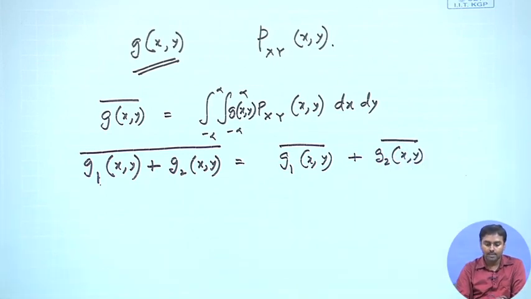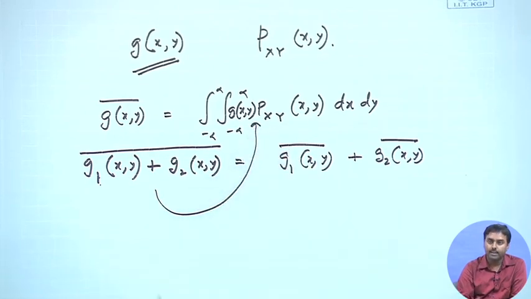This is true because once you substitute the sum, the two integrations separate out and give this same result. So for the sum of functional mappings, I can calculate the functional mean of the first function and the functional mean of the second function and add them.